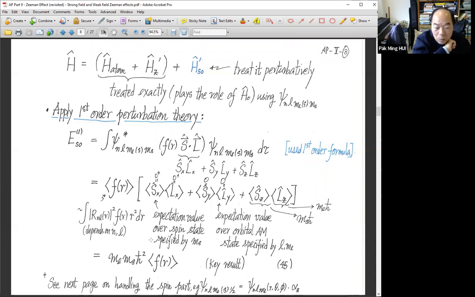I don't want to write it out explicitly, so I leave it as an expectation value of the radial wave function with the spin orbit interaction factor inside there. It is a number nonetheless. So we have treated the spin orbit interaction within first order perturbation.